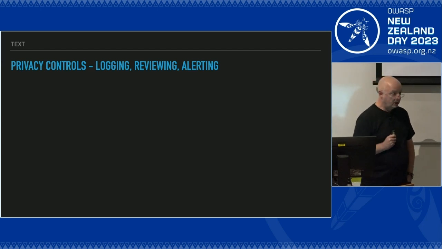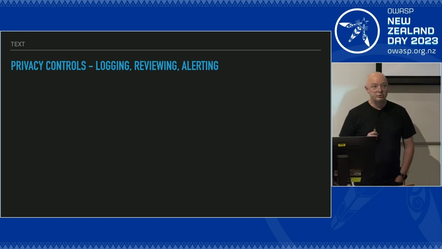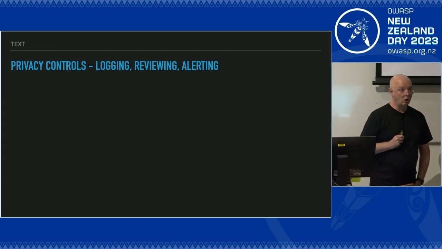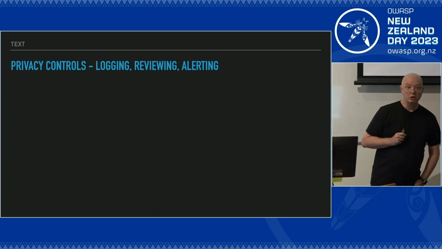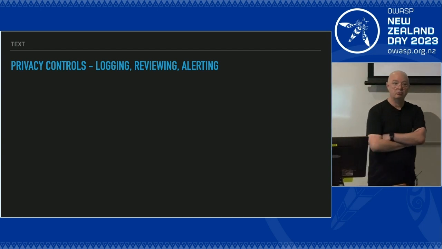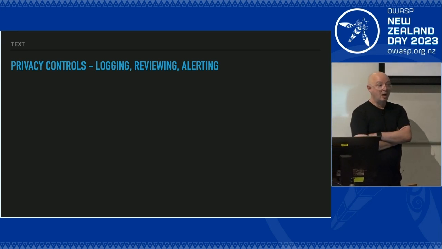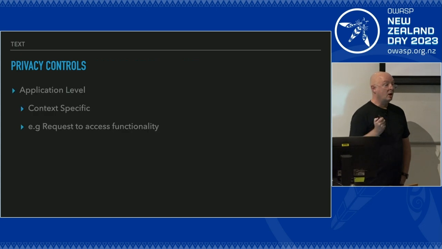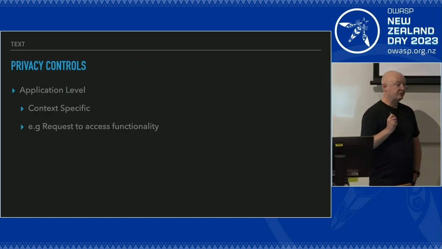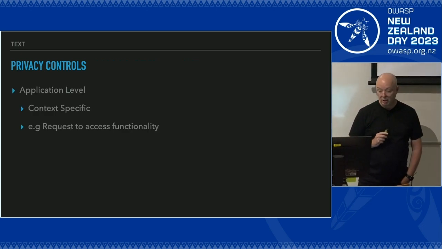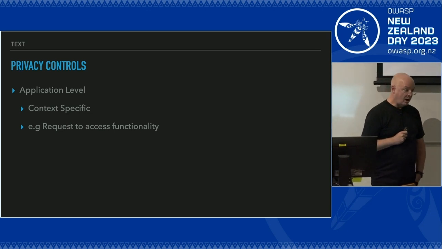Logging, reviewing, and alerting. So if you've got users who have access to highly sensitive information, you want to ensure that you're logging access to that, reviewing it, and alerting on that. You need to have a handle on that. And you can have specific application level controls.